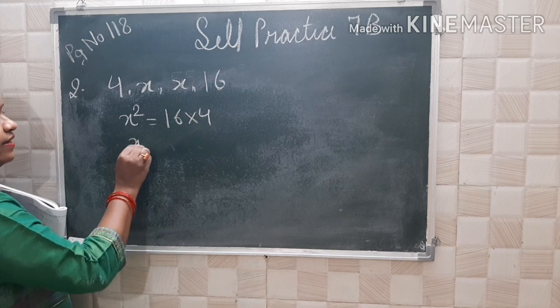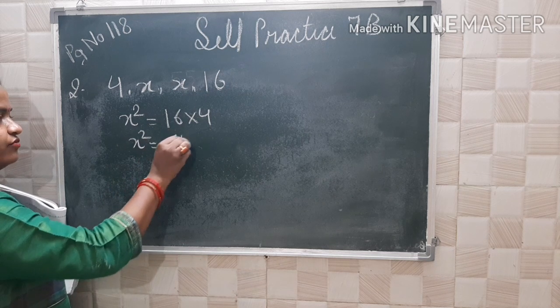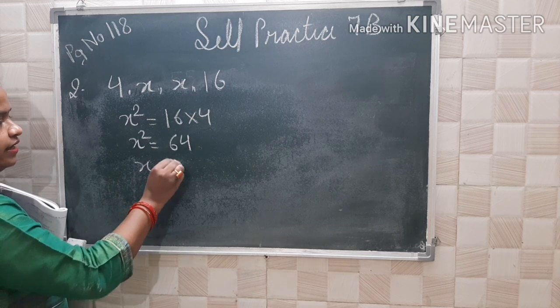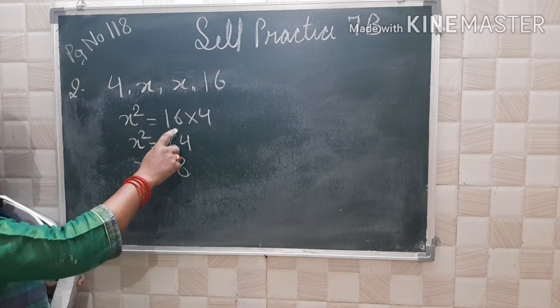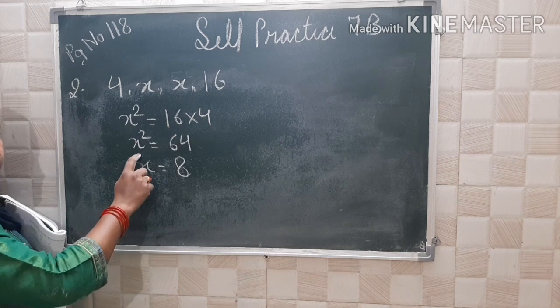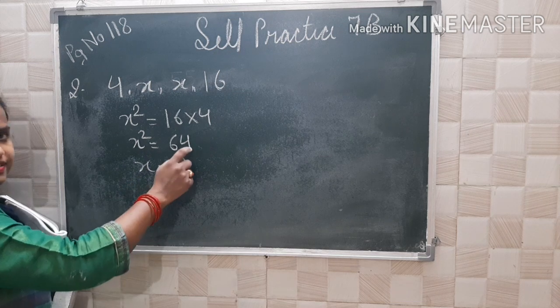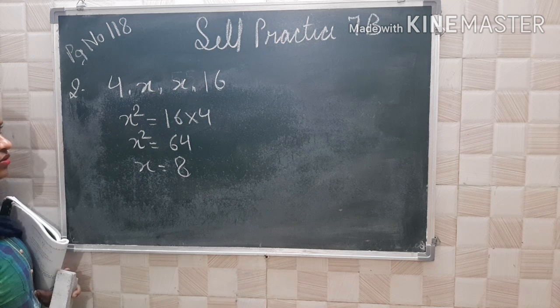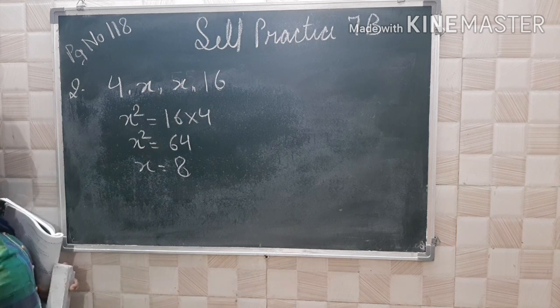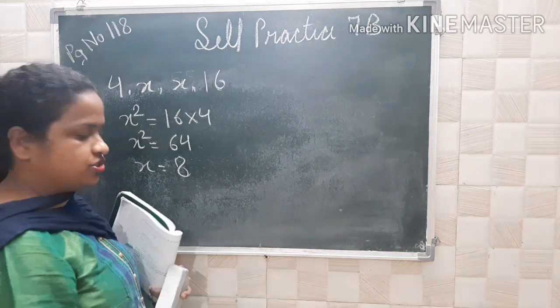So x square is equal to 64. X is equal to 8. Correct? X square will be how much? 16 4s are 64. X will become 8 because 8 8s are 64. So 4, 8 and 8, 16 will be in the same ratio.